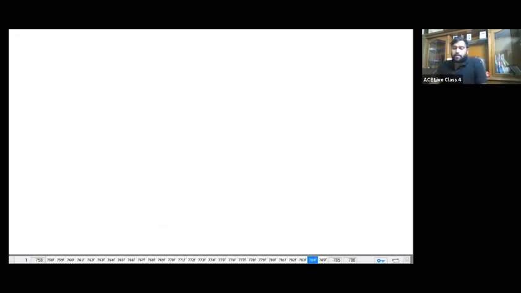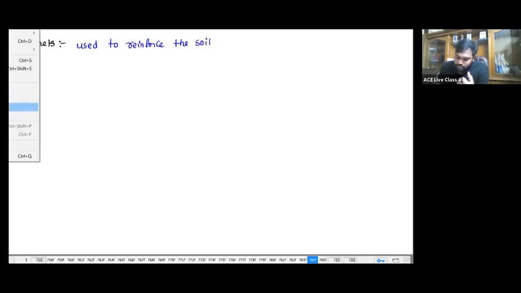Now, come to the next thing, geonets. Actually, these geonets are going to be the geosynthetics used to reinforce the soil. How does it look, sir?